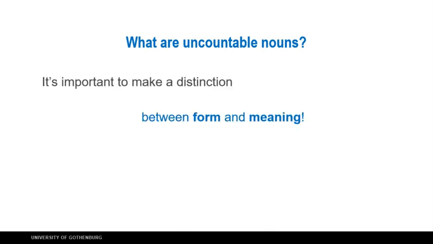And in grammar, then, it's important to make a very clear distinction between the form of a word and the meaning of the word. And when we talk about plural, we are talking about a form that has a plural ending.